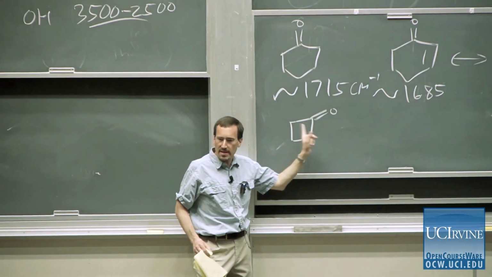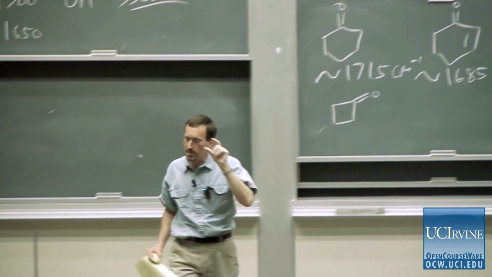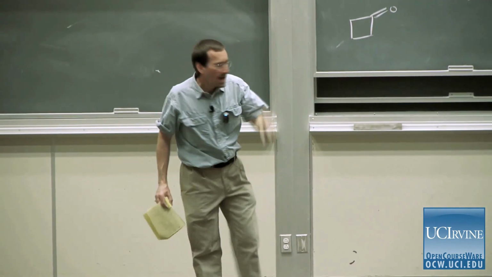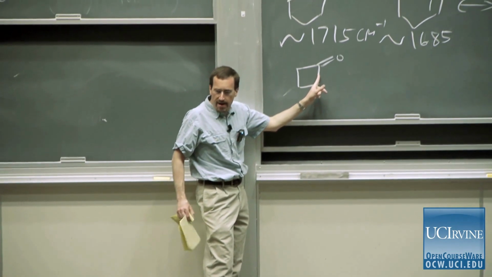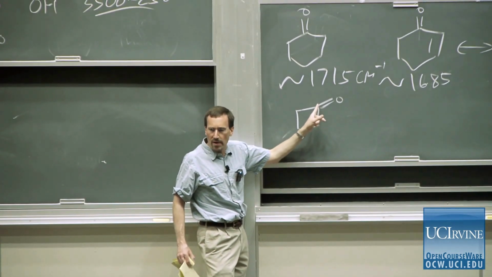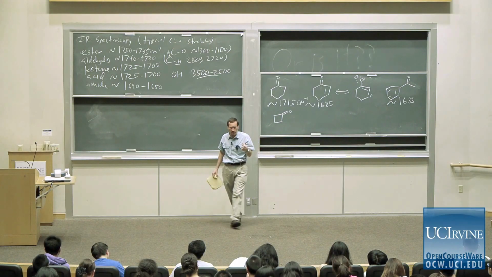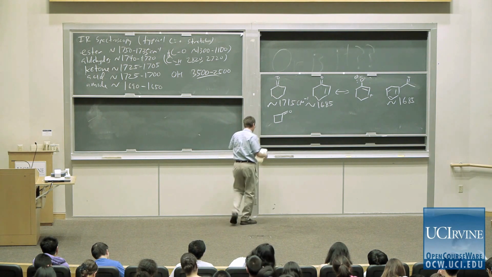But by the time you get down to cyclobutanone, all of your angles are forced to be much closer to 90 degrees. As a result, you're having to use more p character in making up the ring bonds. That leaves more s character for the CO bond. And remember, s orbitals are lower in energy, so that's going to make the CO bond stronger, which in turn means it's going to vibrate at higher frequency.